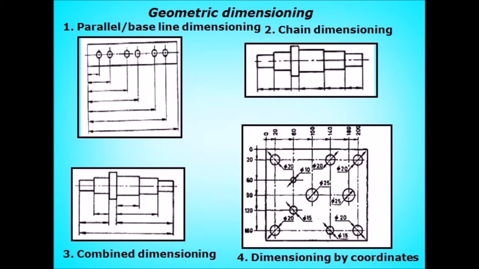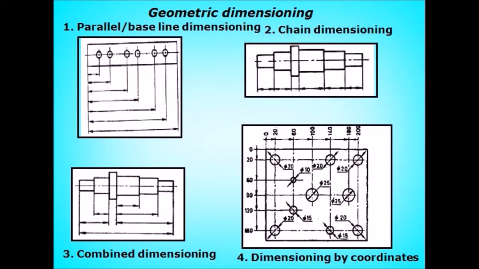Shown are the most commonly used dimensioning schemes. First one is baseline dimensioning, in which all the dimensions are defined from a single baseline. Second one is chain dimensioning, in which all the features are important and defined individually.